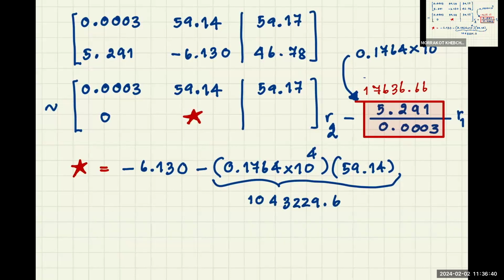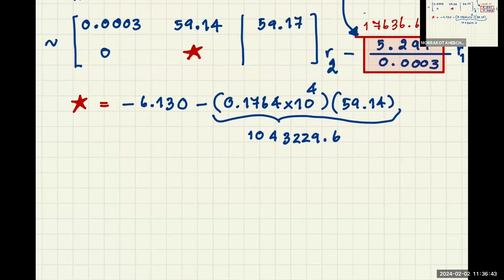When I use it for my calculation, this will turn out to be 1043.